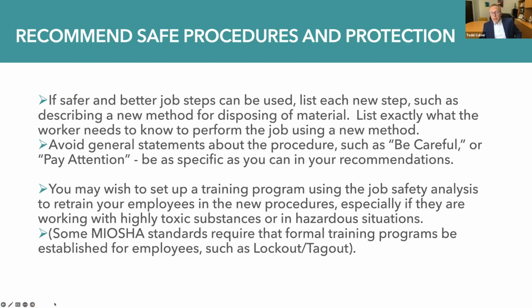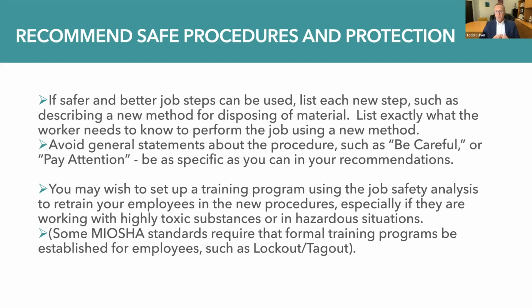If safer and better job steps can be used, list each new step, such as describing a new method for disposing of material. List exactly what the worker needs to know to perform the job using a new method. And in this instance, it's important to avoid general statements about the procedures, such as be careful or pay attention. Be as specific as you can in your recommendations.